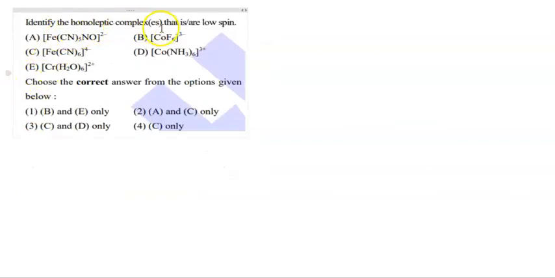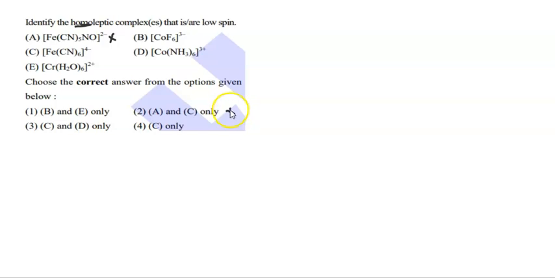Identify the homoleptic complex that is a very low spin. A homoleptic complex is a complex having only one type of ligand. Fe(CN)5NO2 minus is not a homoleptic complex, it is a heteroleptic complex. The remaining B, C, D, E are heteroleptic complexes.